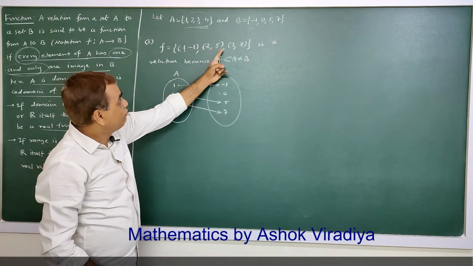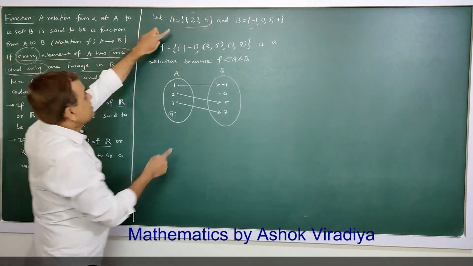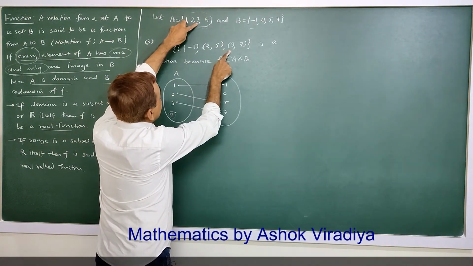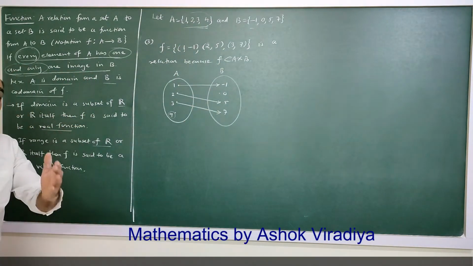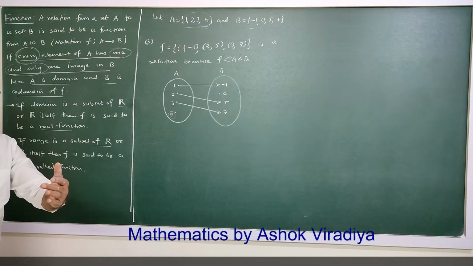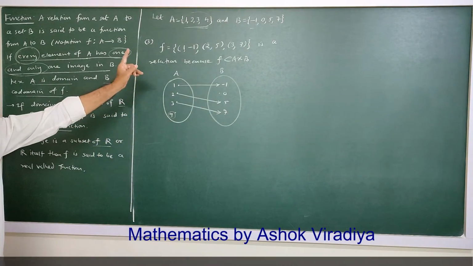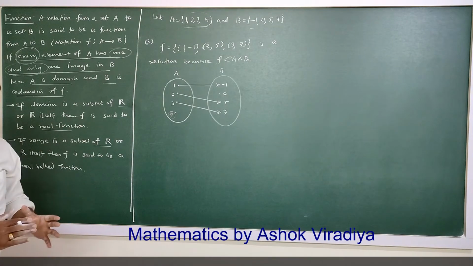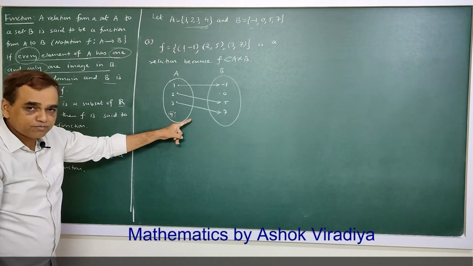Here 4 is missing in first place. 1 is in first place, 2 is in first place, 3 is in first place, but 4 is missing in first place. No element of the first set should be missing in first place in a given relation. And here, no ray is coming out from 4.